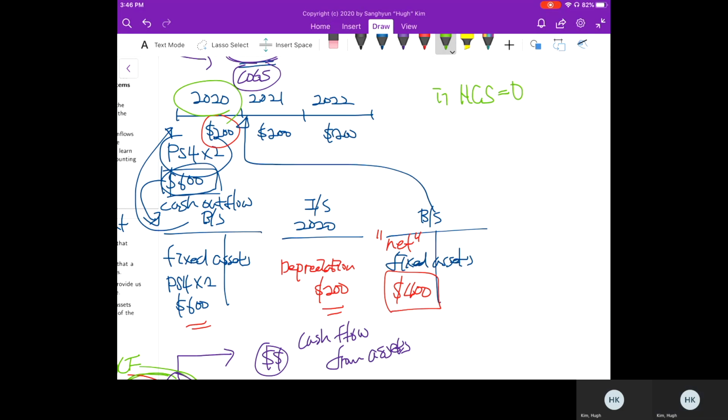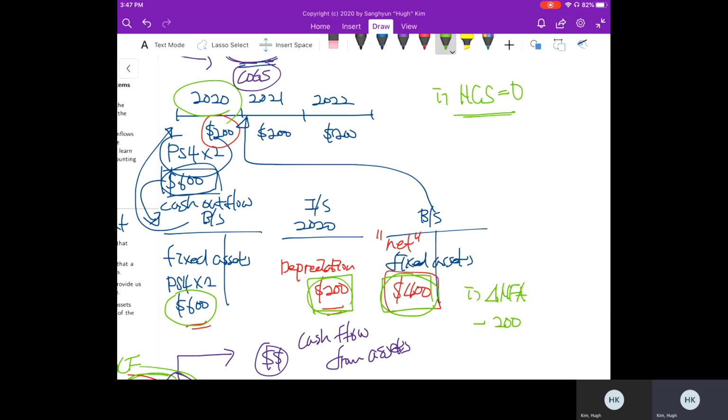But if you look at the change in net fixed assets, which is $400 minus $600, this is negative $200 because of depreciation. Depreciation has been deducted already, but there is no net capital spending.